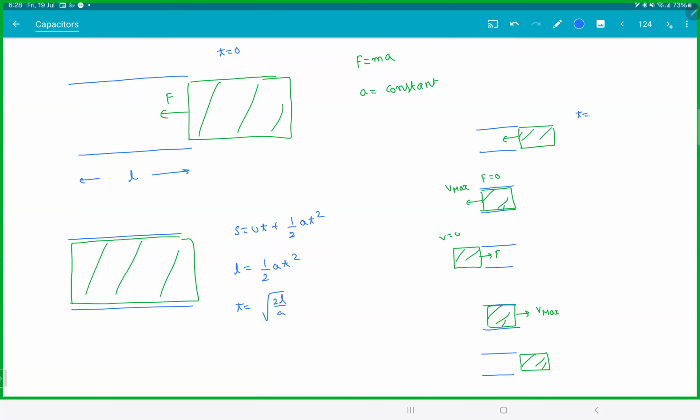So this is T0. This would be T by 4. Let's call it capital T actually. This will be capital T, T by 2, 3T, and 4T. Therefore, time period will be 4 times of this.